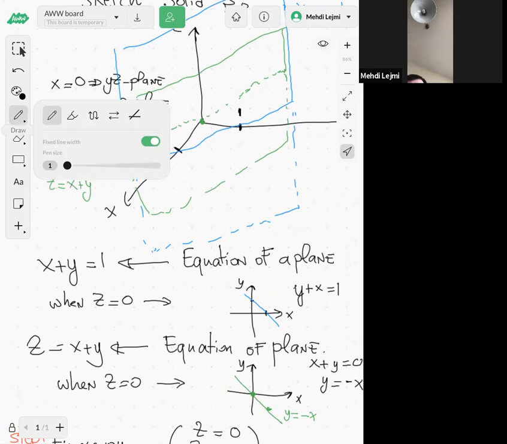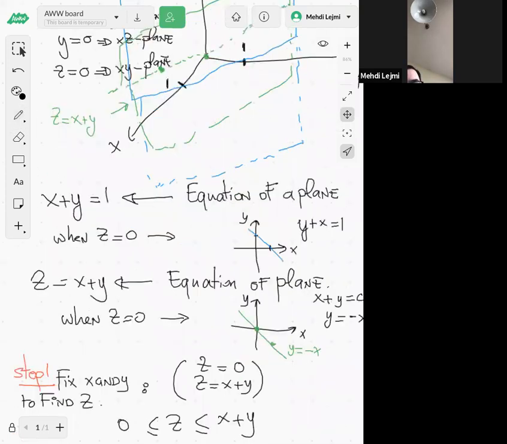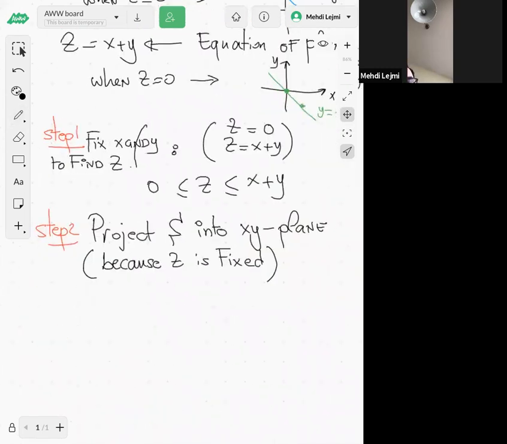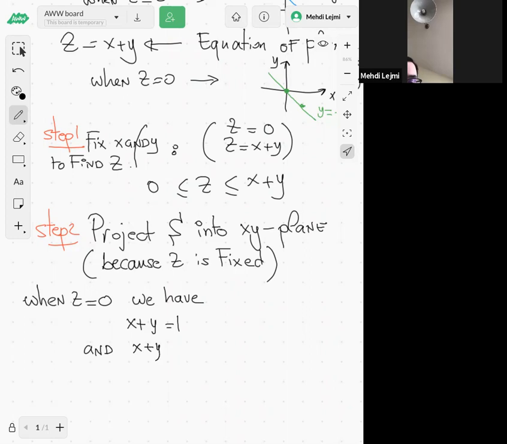So when z is 0, we have x plus y equals to 1, and x plus y equals to z.